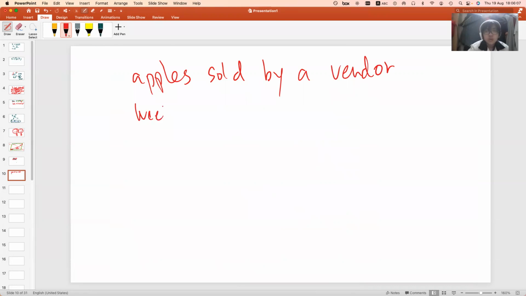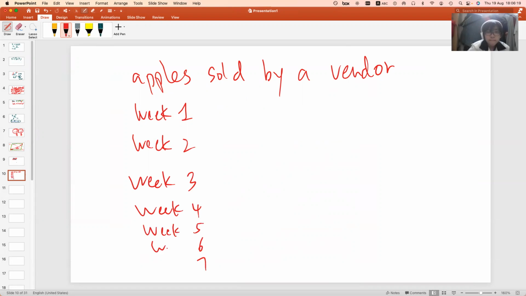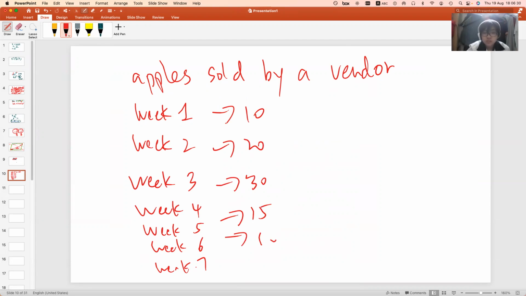Okay, week 1, week 2, week 3, week 4, 5, 6, 7. Okay, so let's say this one sold 10, this one sold 20, this one sold 30, this one sold 15, this one sold 10, this one sold 9. Okay? Oh no, so let me just do it better.